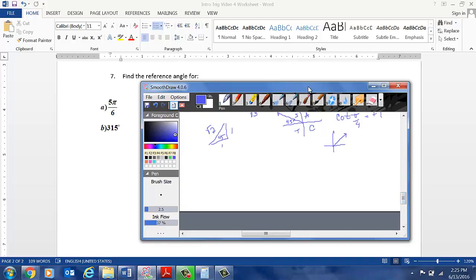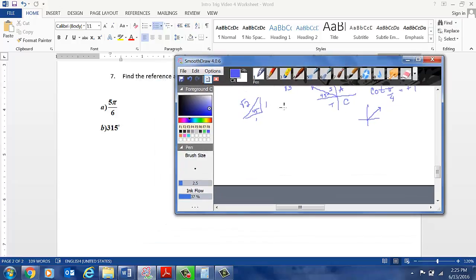So 5 pi over 6, let's see, 5 pi over 6 would be in quadrant 2, right? So that's this angle. So again, we know that pi over 6 is the angle that is made with the x-axis. So pi over 6 is my reference angle.